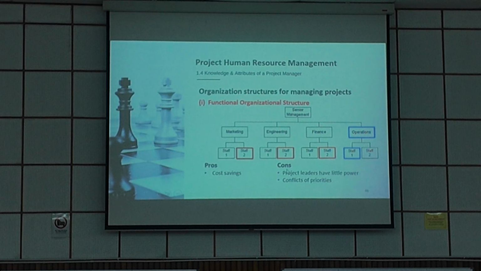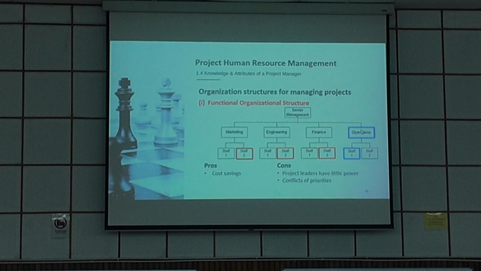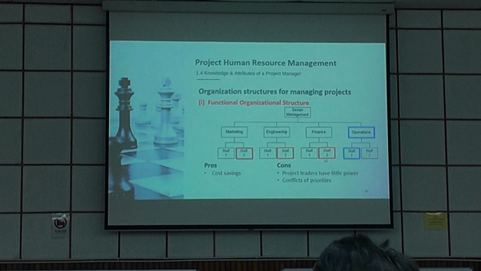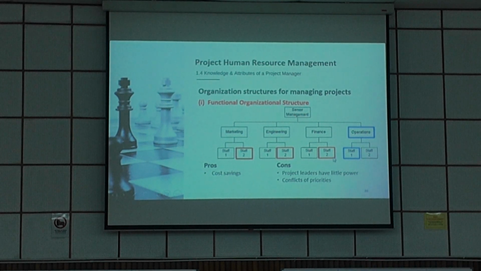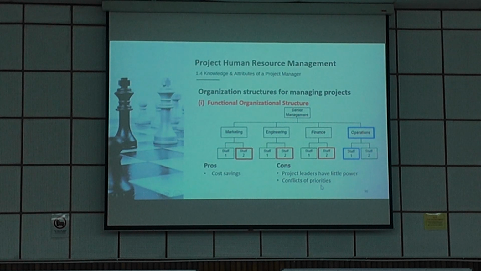Okay, so the cons are project leaders have little power. This project manager has little power over these three staff because these three staff are not directly under him. So this is a disadvantage. And conflict of priorities.